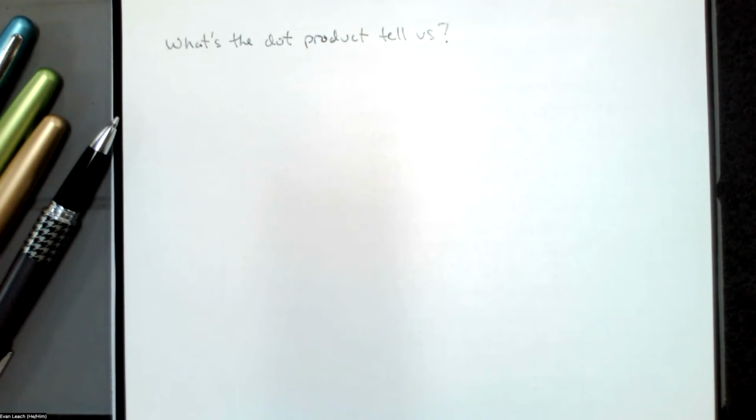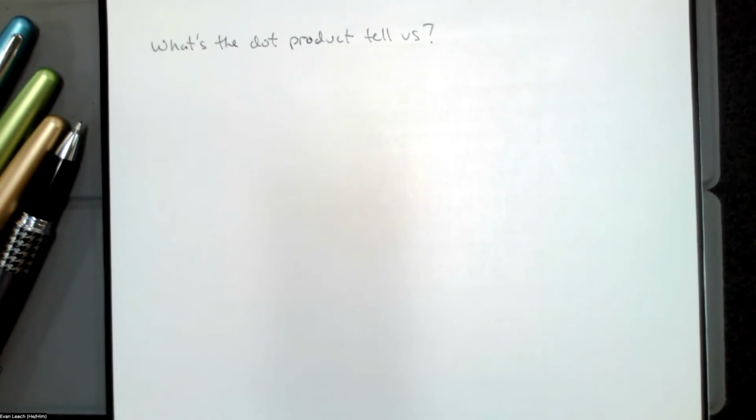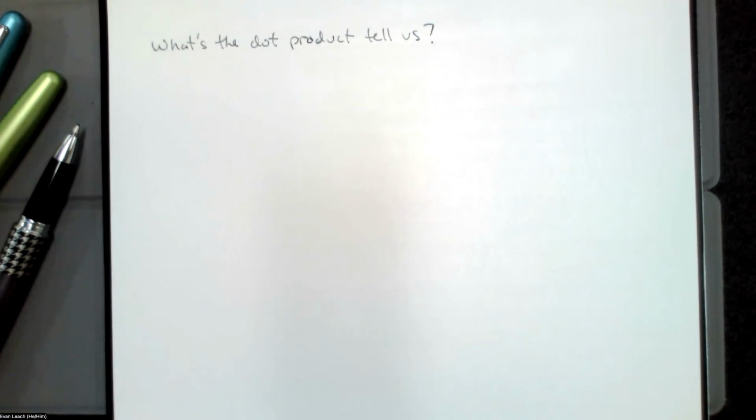So we've already seen that one of the things that the dot product will tell us is the angle between vectors. That is useful. The other thing it tells us is how much of one vector is going in the direction of the other vector. The component. So v dot u will tell us the component of v in the direction of u.